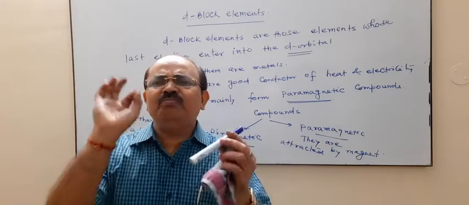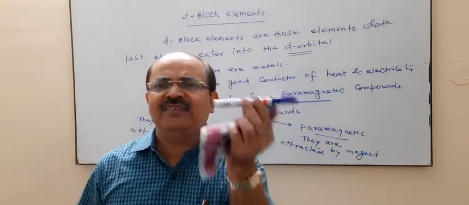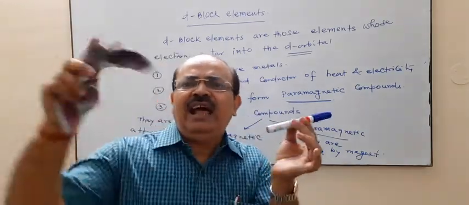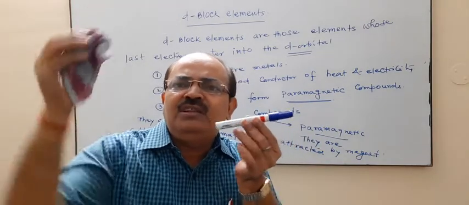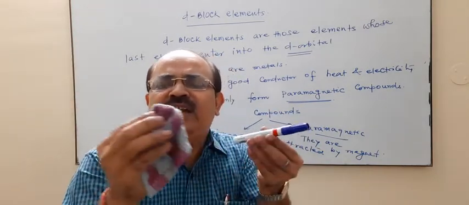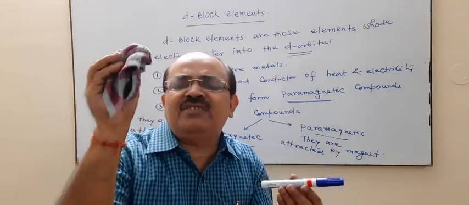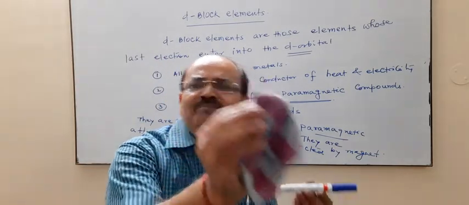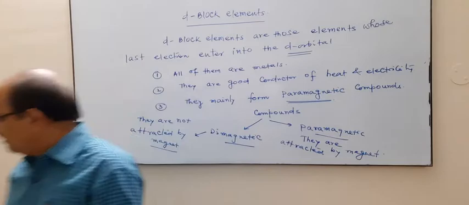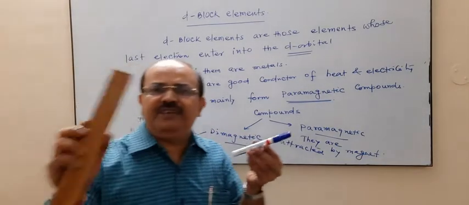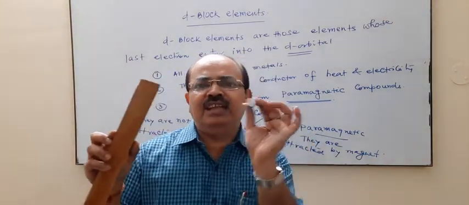Say a very simple example, if you have a magnet and this is a piece of iron, then this piece of iron will be attracted by the magnet. So we can say iron is paramagnetic. But say this is a wooden piece, and this is a magnet.